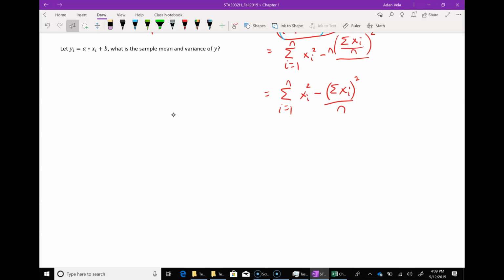So what I want to show you is what happens to your variance and your mean if you transform or rescale your data. Okay. So let's say xi, here's a good example. Xi are a bunch of temperature measurements, but maybe that temperature is in Celsius.